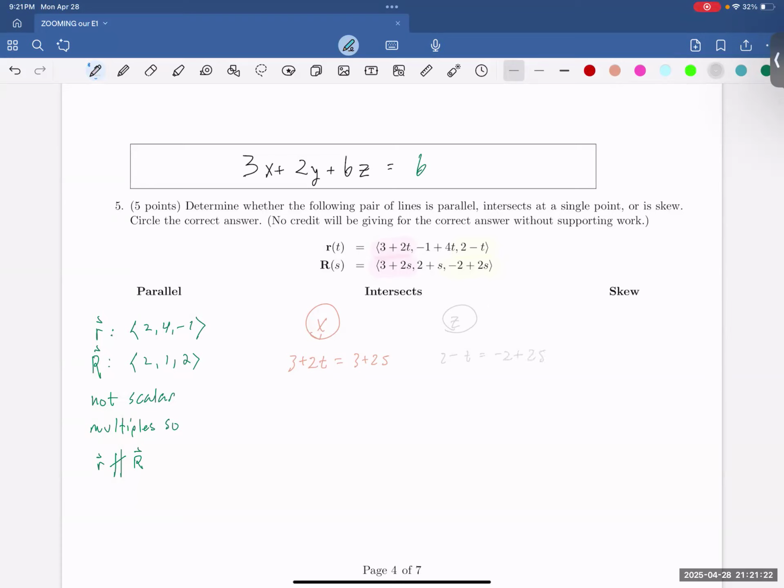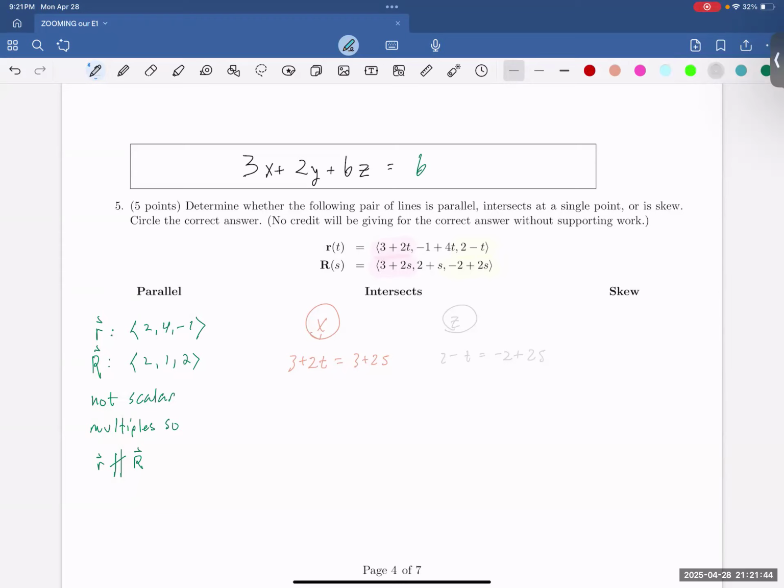We've got two equations, two unknowns. We can solve for T and S, and this will find a time T and a time S that make the two lines meet in the same X and Z coordinate, but potentially not in the Y.